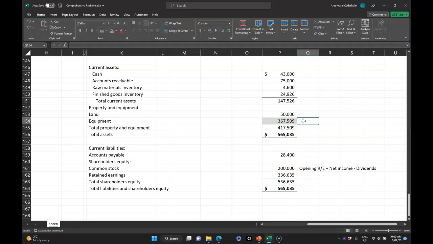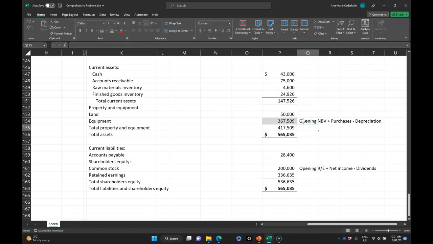What I would really say though is this technically should be your opening net book value from your balance sheet. Then you would add your purchases, and that would come from your cash flow statement, and then subtract out your depreciation, which came from both our manufacturing overhead spreadsheet and also our selling and administrative budget.